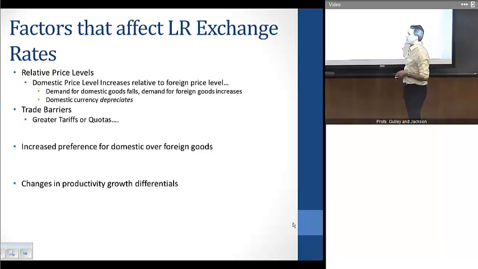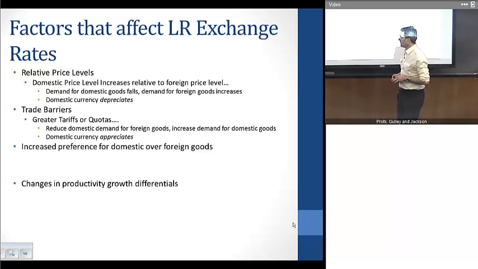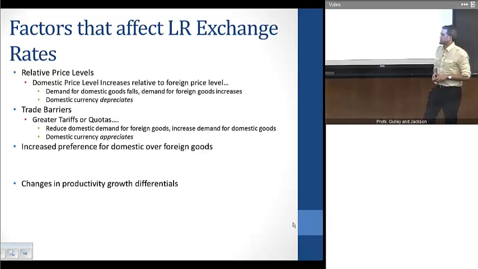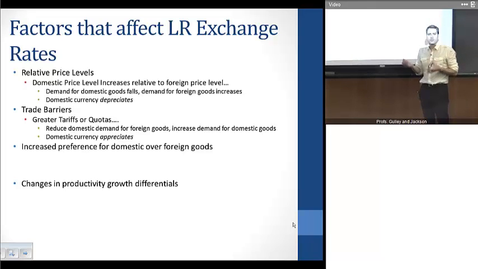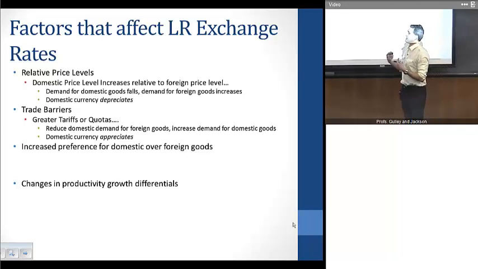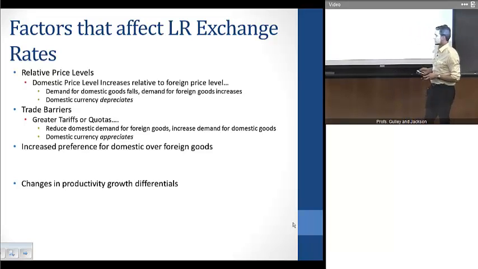If we put up trade barriers, for instance, if we have increased tariffs or increased quotas, the impact is going to be to increase the demand for domestic goods, sort of artificially through these trade barriers, and the impact of that is going to be to increase demand for domestic assets overall, and the domestic currency is going to appreciate.